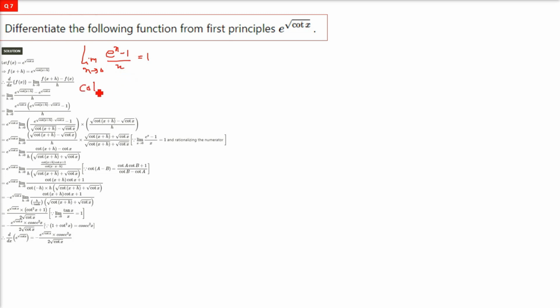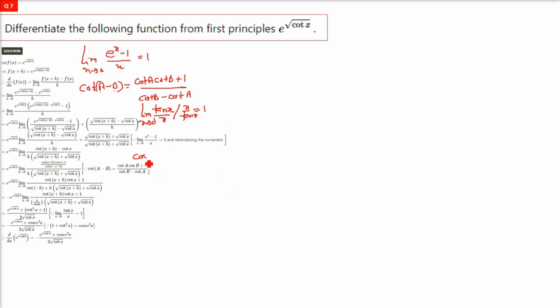The second relationship we are going to use is cot (a minus b) is equal to (cot a cot b plus 1) divided by (cot b minus cot a). Please remember, the b is first, a is later. Then we will use tan x by x or x by tan x. Both ways, when you take limit x tends to 0, we'll take limit h tends to 0, and this is equal to 1.